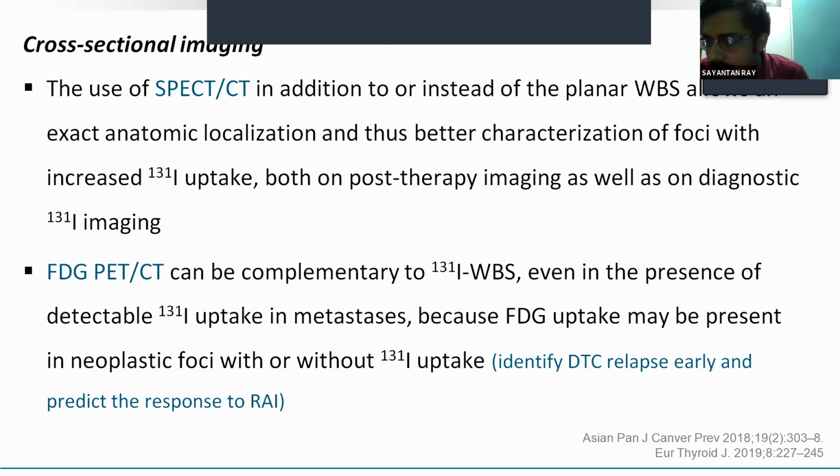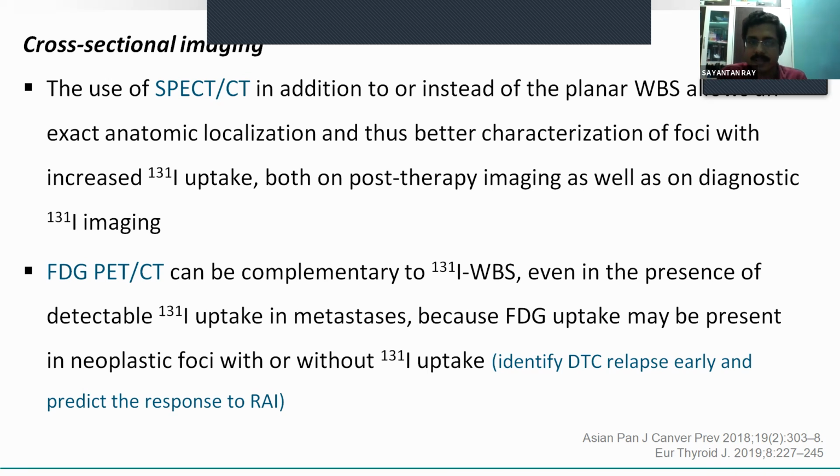Regarding cross-sectional imaging, which is usually not indicated routinely, the use of SPECT-CT in addition to or instead of planar whole body scanning actually allows an exact anatomical localization and thus a better characterization of foci with increased I-131 uptake, both on post-therapy imaging as well as on diagnostic imaging.